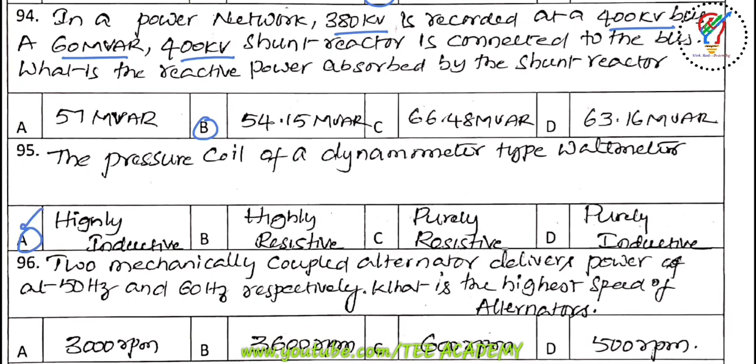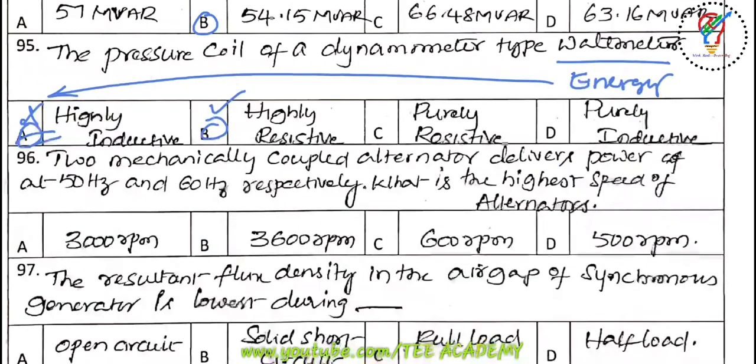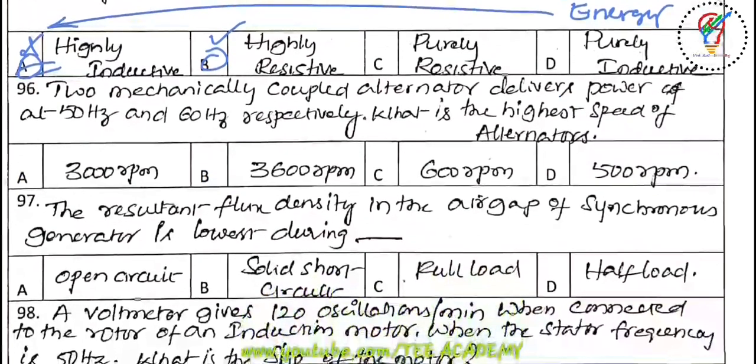Wait, for a dynamometer type wattmeter, it should be highly resistive. So highly resistive is the answer. Let me make a correction here: for a dynamometer type energy meter, it should be highly inductive, and for a wattmeter, it should be resistive. Please make a correction in the question.